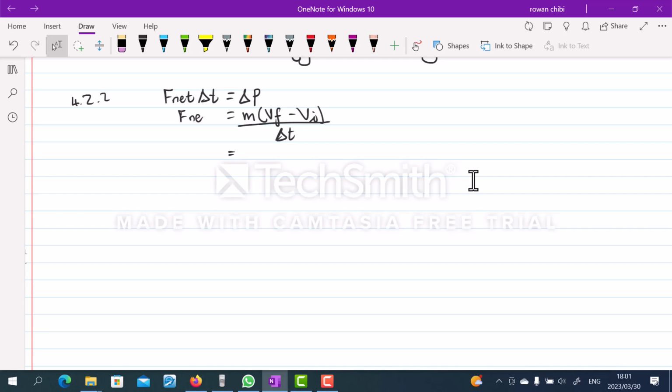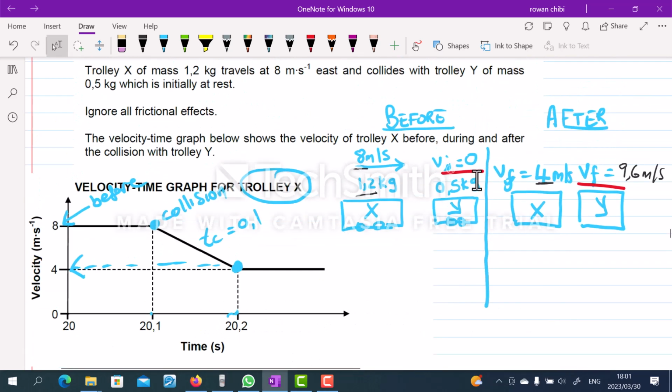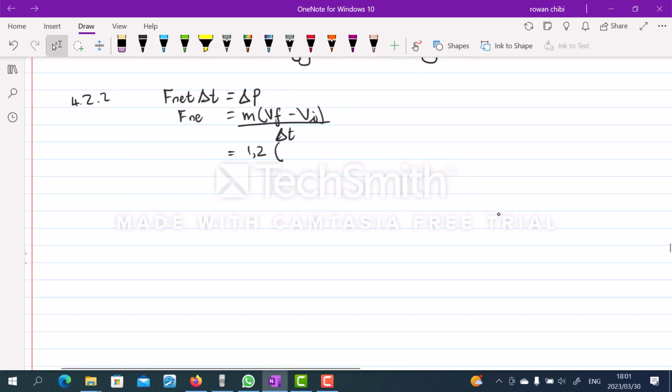So we're looking at trolley X, the mass is 1.2. The final velocity for trolley X is 4. The initial velocity for trolley X is 8. So we have 4 minus 8. Final is 4, initial is 8.